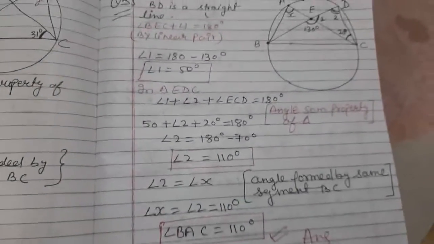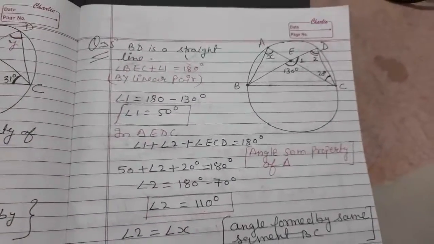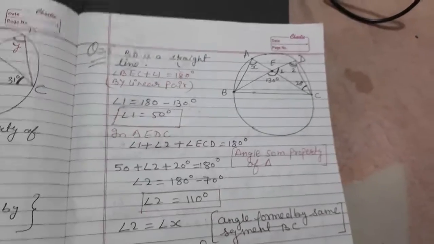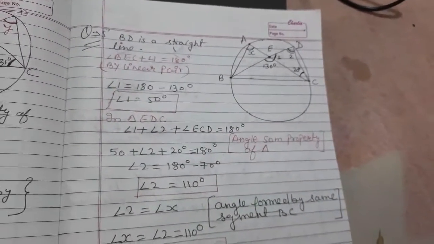So this is the solution of question number 5 from exercise 10.5, 9th class NCERT chapter 10 Circles.